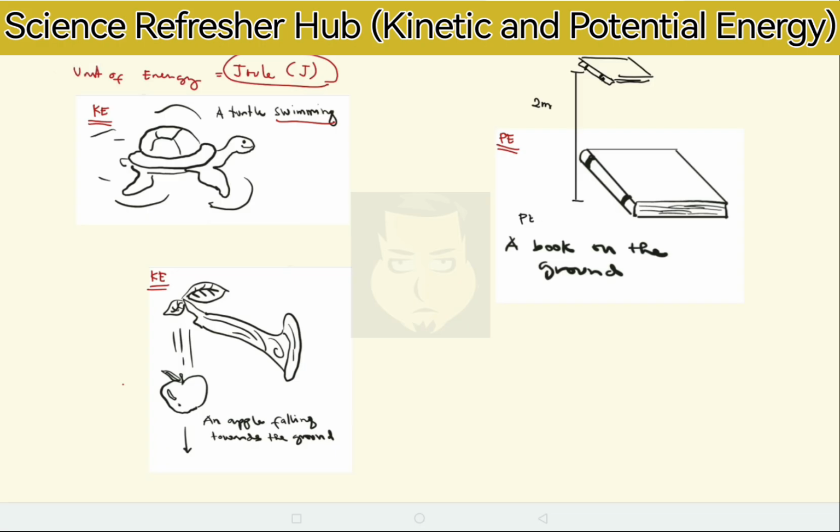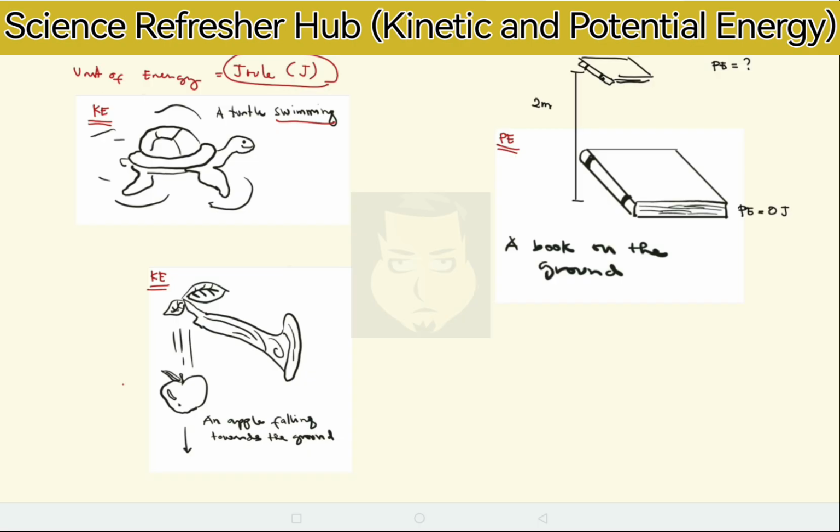Okay. Once and for all, if the book is on the ground, PE is going to be 0 joule. Let's try to know if the book is lifted 2 meters above the ground. What's going to be the potential energy? Because it gains potential energy now.